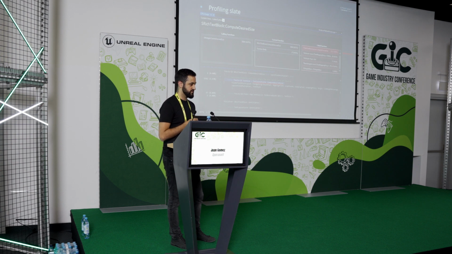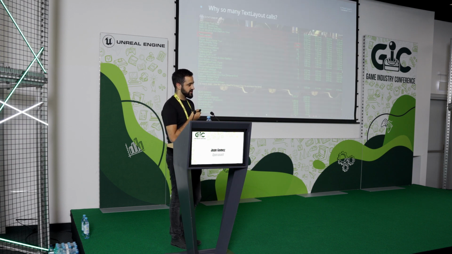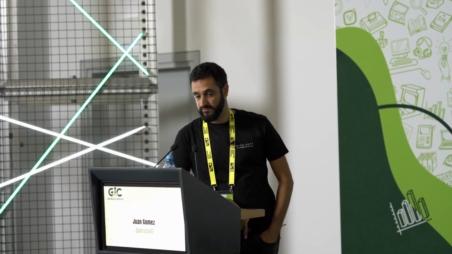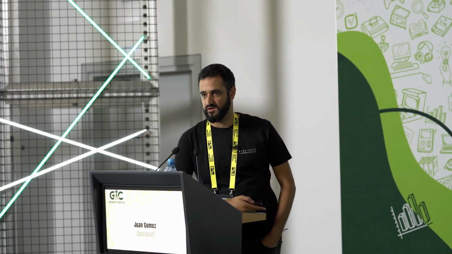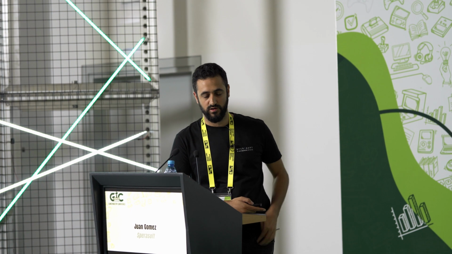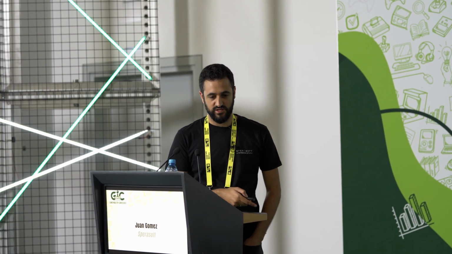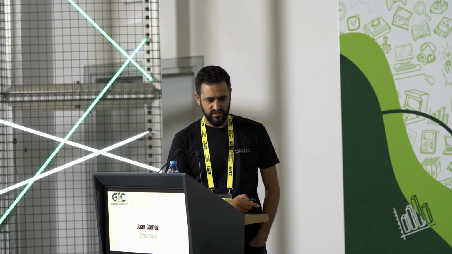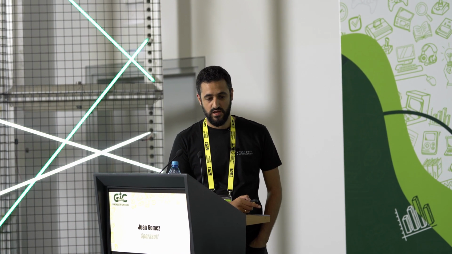So what's going on? If we look at the profiler here, we can see that it's showing that we are doing 384 text layout calls per frame when nothing is moving, even though we don't have so much text in the game on the screen at this moment. So something is definitely going wrong, and we investigated what the issue was and found out that it has to do with scale boxes.